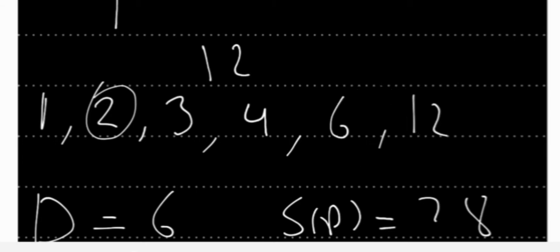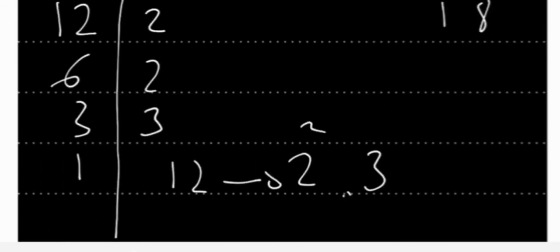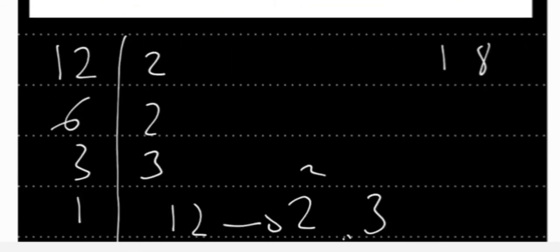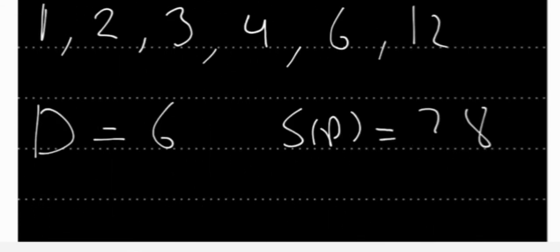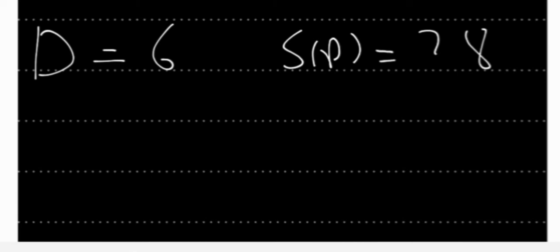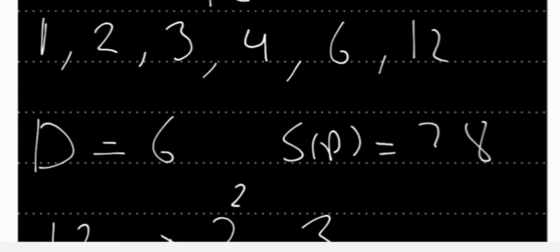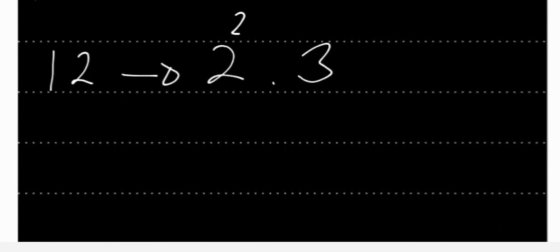We don't gain anything by doing it this way. What we are trying to use this example for is to find a general rule so that we can calculate for 600, right? So when we factored 12, we found that it is equal to 2 to the second multiplied by 3, right? What does this mean?